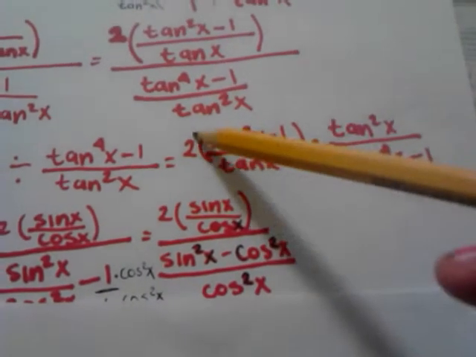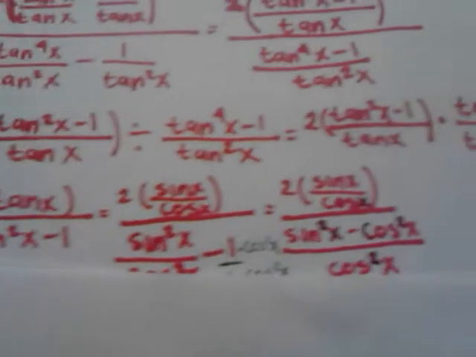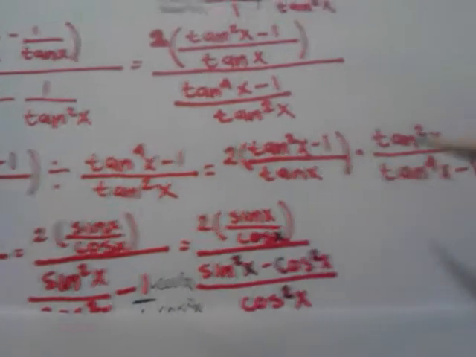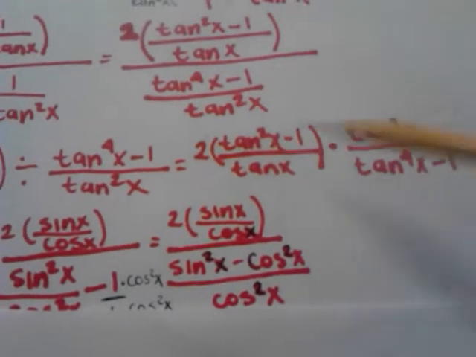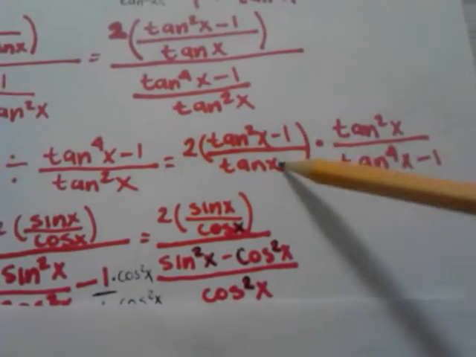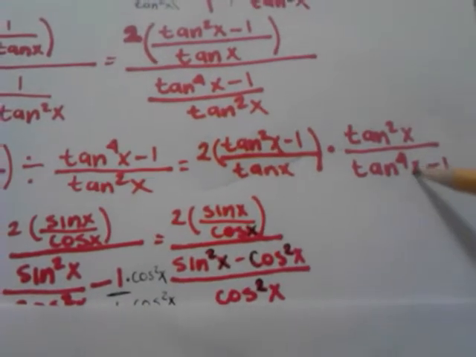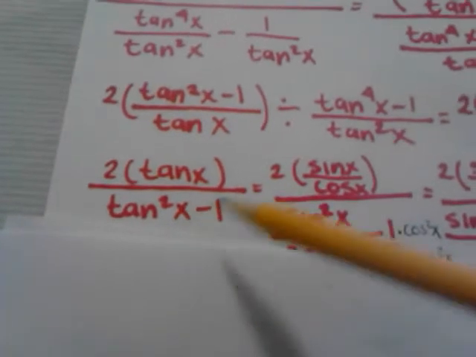So we will write the 2 times the tangent of x, we get 2 tangent x, and here in the bottom we get tangent square of x minus 1 because this is cancelled already. So we just have this tangent square of x minus 1.